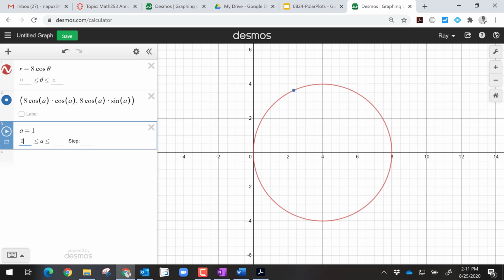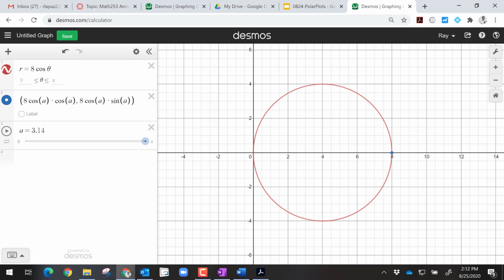So if I limit this to go from 0 to pi, I can see it. If I start at 0, I'm starting at this point 8, and then if I move along, by the time I get to pi over 2, I'm over here, and by the time I get to pi, I'm over here.